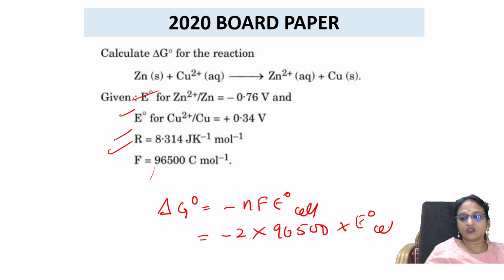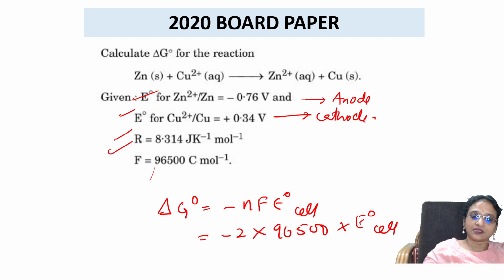How much is E naught cell? Let me calculate. Here, what is the cathode? Observe. This is your anodic reaction, seeing the electrode potential value, higher negative potential, so oxidation. This is your cathodic reaction. E naught cell is equal to E naught cathode minus E naught anode.